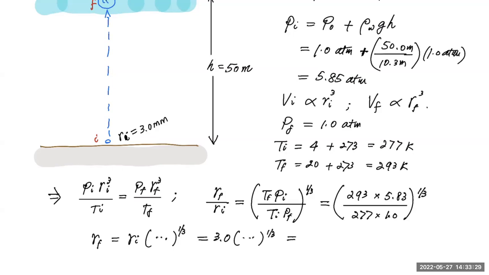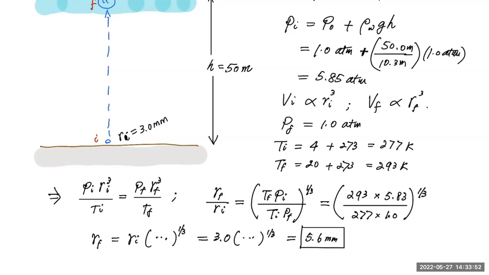The answer you get is 1.85 R initial, and that is 5.6 millimeters. So the radius of this bubble increased by a factor of 1.85 to 5.6 millimeters.